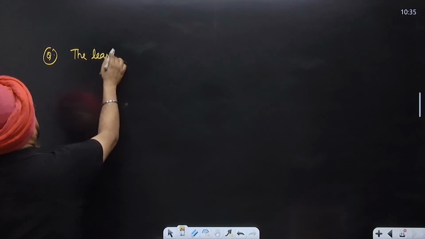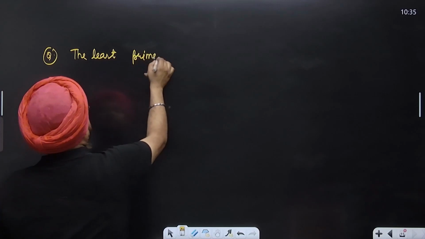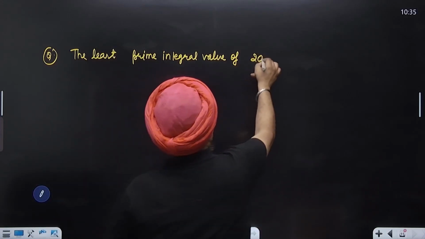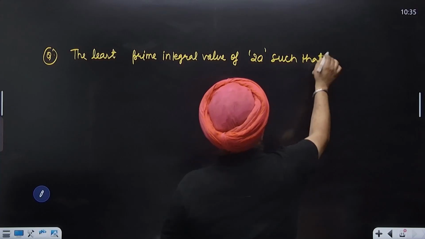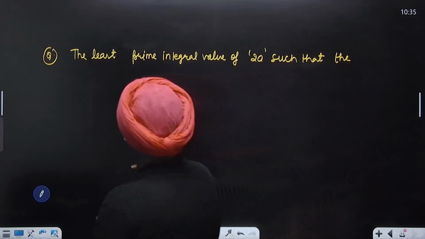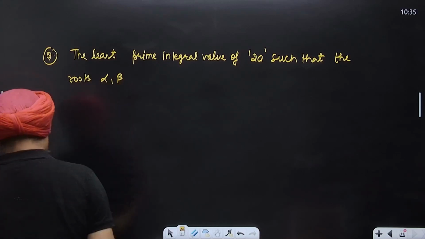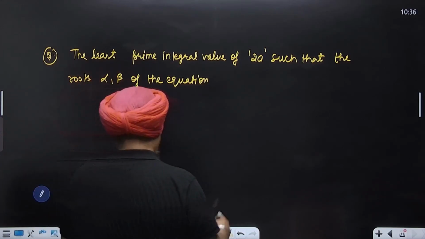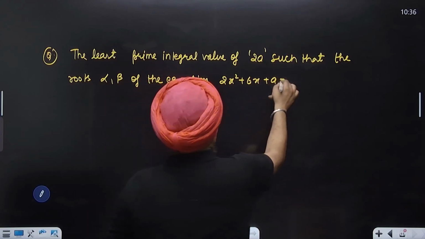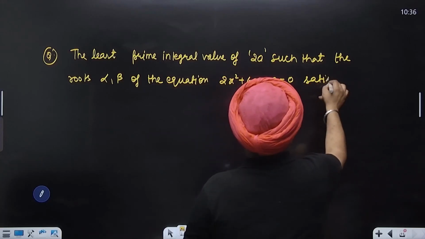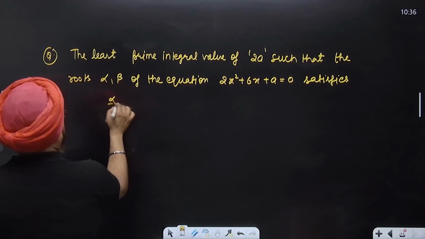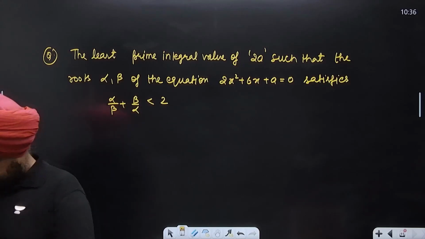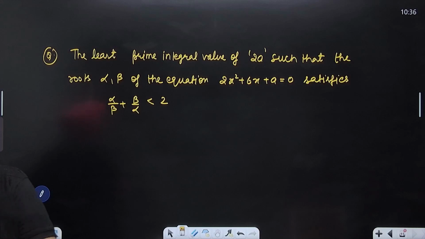The least prime integral value of 2a such that the roots alpha beta of the equation 2x square plus 6x plus a equal to 0 satisfies... okay.